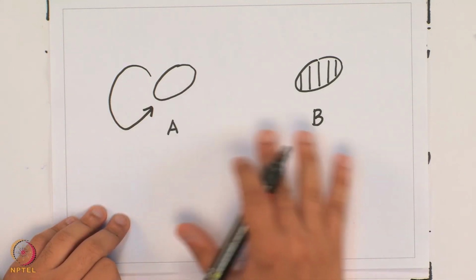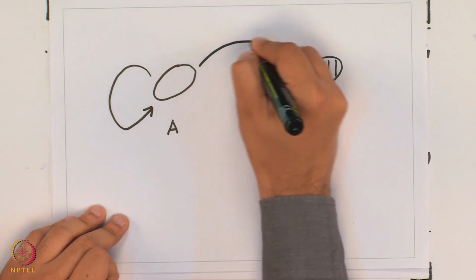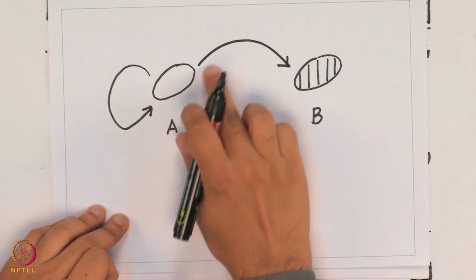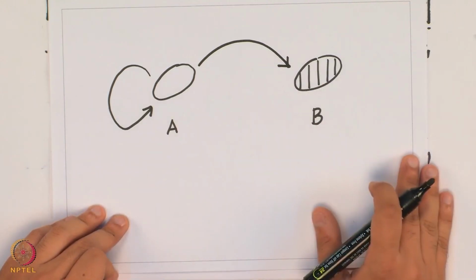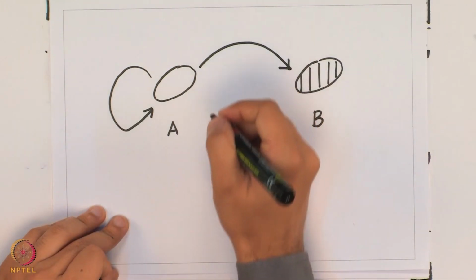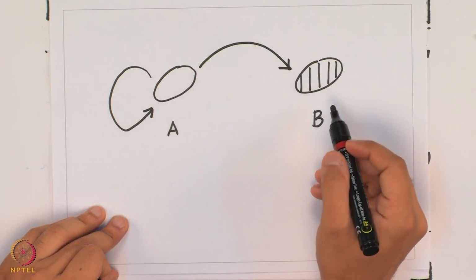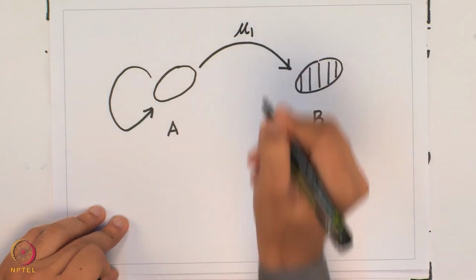But in our two species model, whenever an error is being made, we will say that the progeny is of type B. And this represents the rate at which error is happening while this replication is going on. So, we will say that the rate at which A might lead to a production of progeny of type B is mu1.